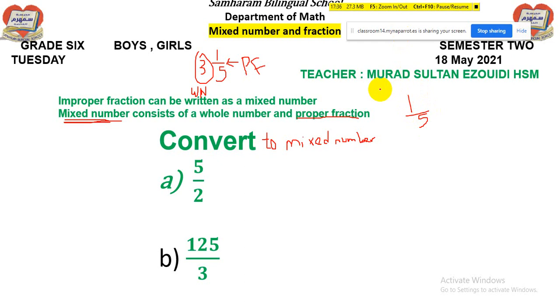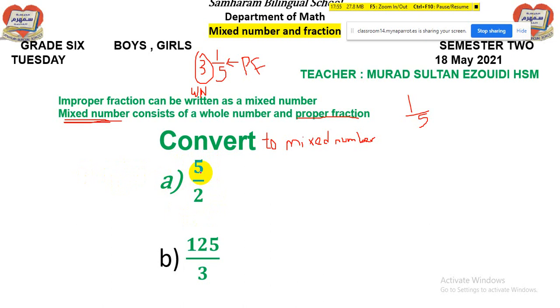But when, for example, we have 5/2, this one, my learners, is called an improper fraction. Why? Because the numerator value is more than the denominator value, because 5 is more than 2.